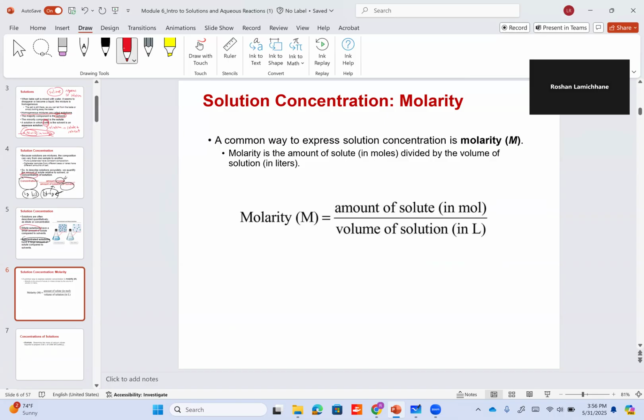One of the units that we use to express the concentration of a solution, the most famous one that you might have seen, is something called molarity.